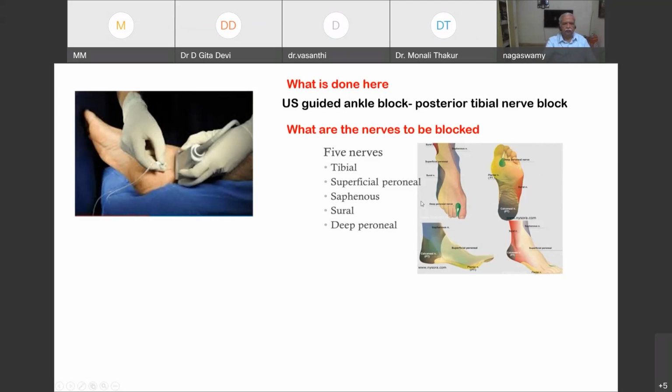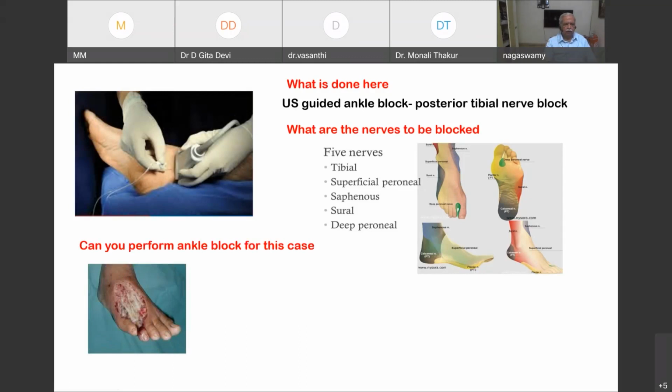The only nerve supplying there is the deep peroneal. All other is superficial peroneal. And the entire dorsum up to the lower part of the anterior part of the leg, the lateral part of the foot is sural, and medial malleolus and above is saphenous, and the entire plantar area is by the posterior tibial. Okay, so these are all the distributions you should be able to say.